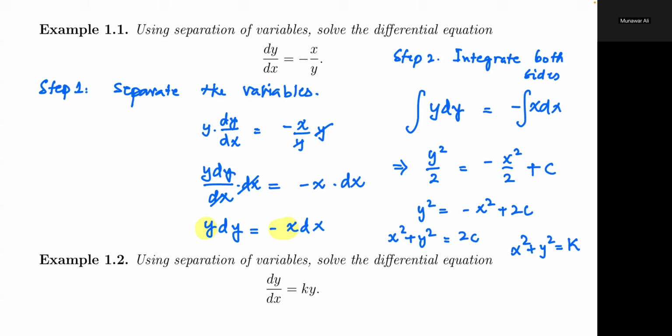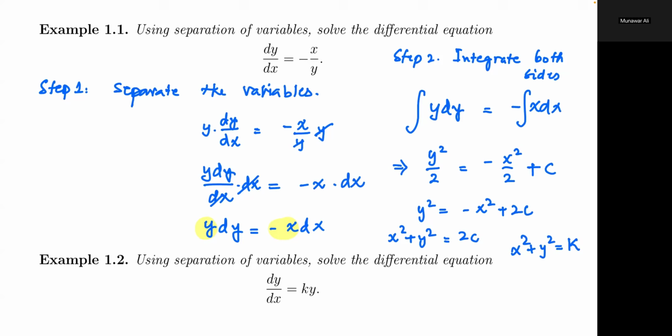And maybe we discussed yesterday that the solution to this corresponding differential equation is a family of circles. And you know very well that the equation for circles is x square plus y square is equal to radius squared. You change the radius, you get a different circle. So that radius square is equal to k in this case.